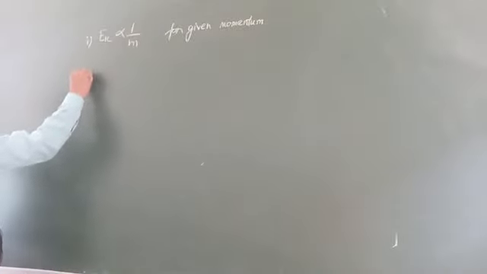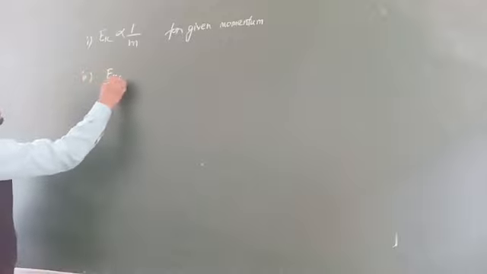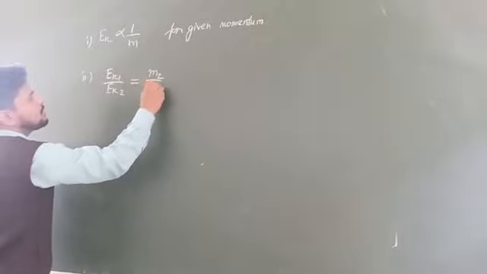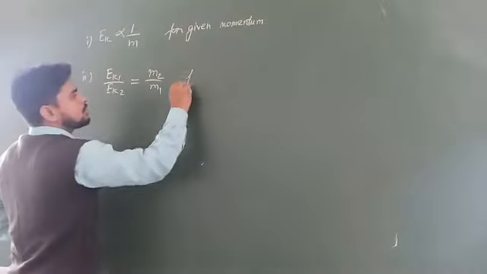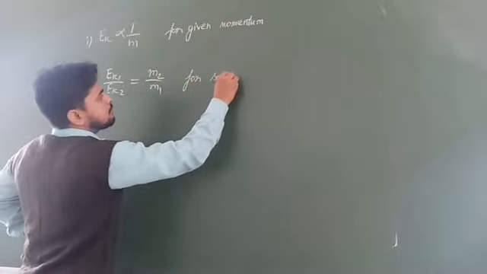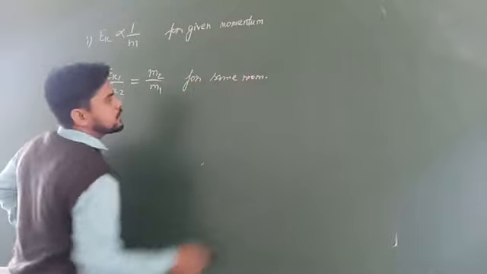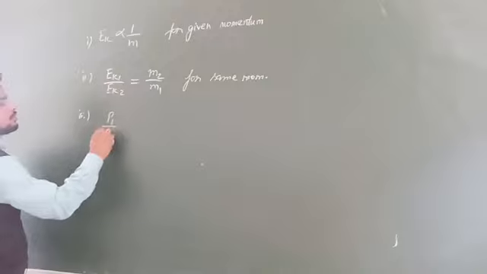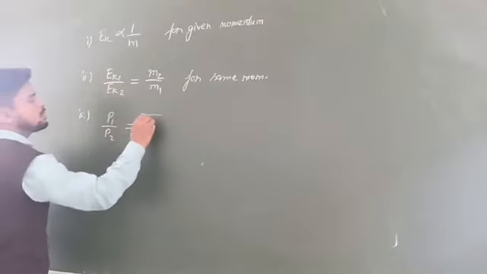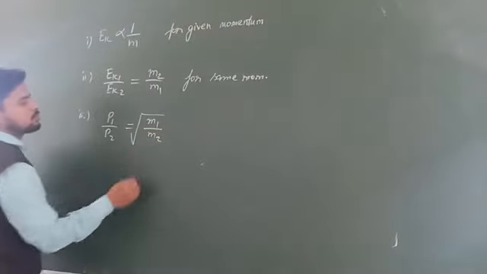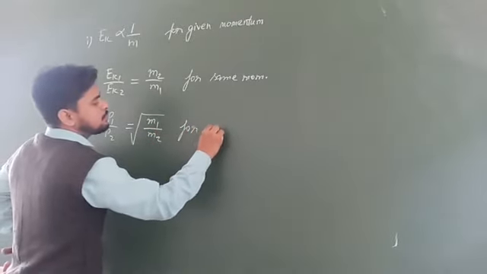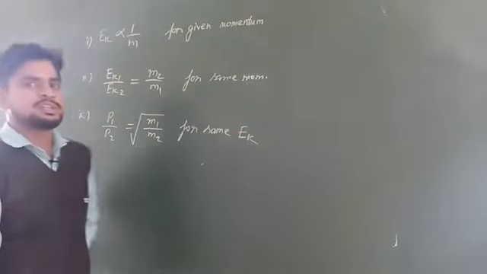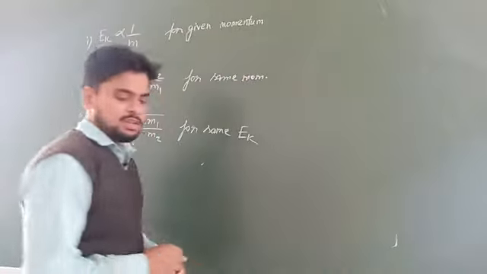Second relation, we have Ek1 divided by Ek2 equals m2 by m1 for the same momentum. And the third relation, we have p1 by p2 equals the square root of m1 by m2 for the same kinetic energy. So these are the three important relationships on which numericals are framed.